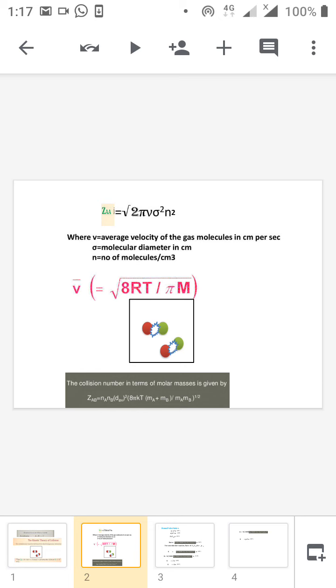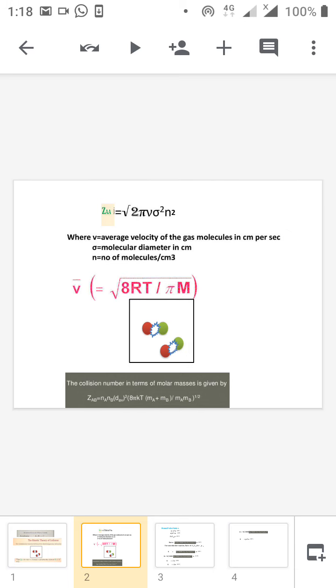But in the majority of cases, the reaction takes place between two different types of molecule, A and B. So we can write ZAA as ZAB, the collision number in terms of molecular mass, having two different types of molecule A and B.